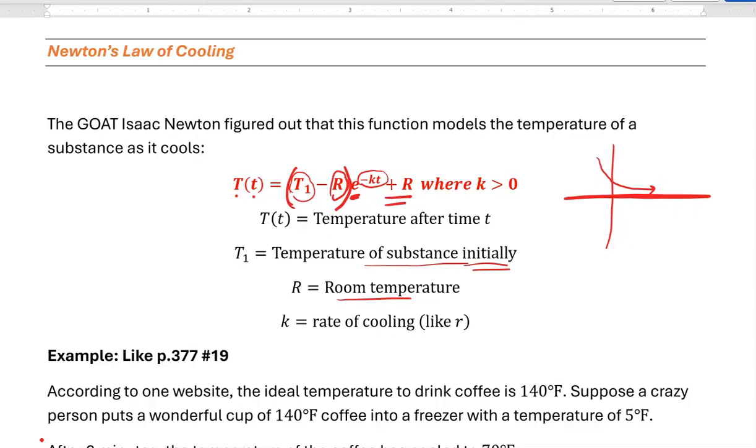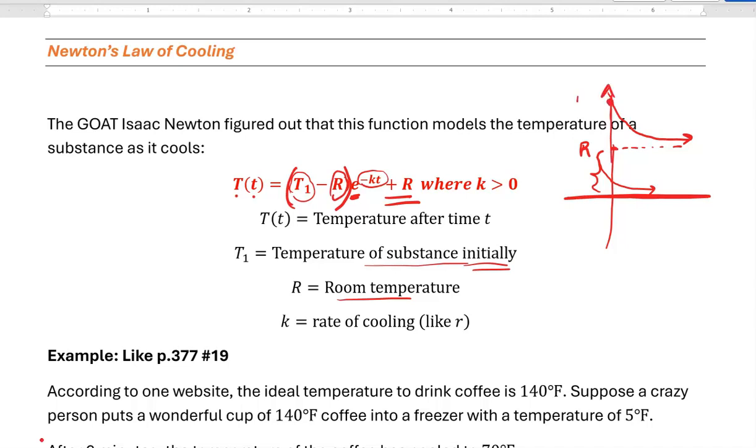So there's this plus R. Again, R shows up again because notice that would be a vertical shift of R. So the baseline is going to be the room temperature. So this thing is going to start up here and cool down to the room temperature actually.